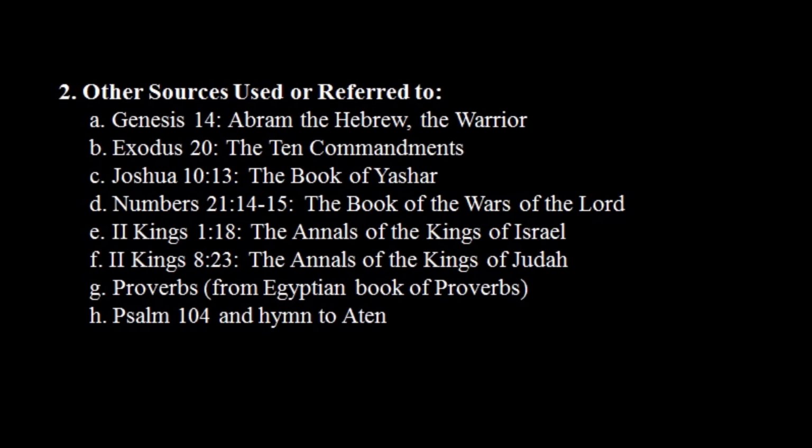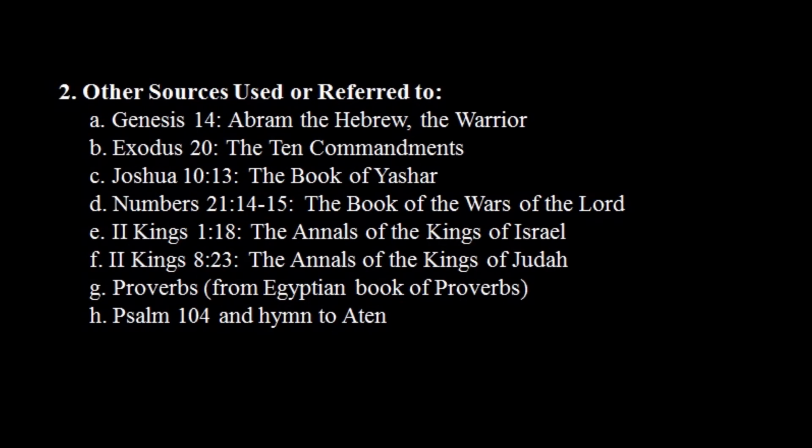Which book was that? Where did it originate, the Yashar? It's an Israelite book that doesn't exist anymore, that later books quoted. That's why I'm saying it's a footnote. In Numbers, there's a book mentioned called the Book of the Wars of the Lord, which evidently was an epic about how God defeated various nations for the Israelites.